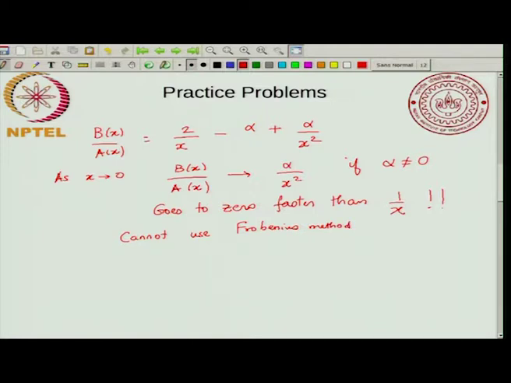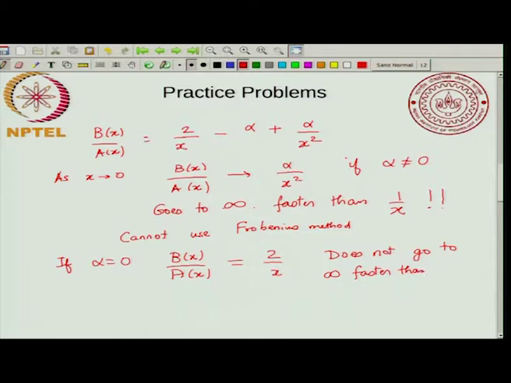So, when can you use the Frobenius method? If alpha equal to 0, then b of x divided by a of x goes as 2 by x. This does not go to infinity faster than 1 by x.